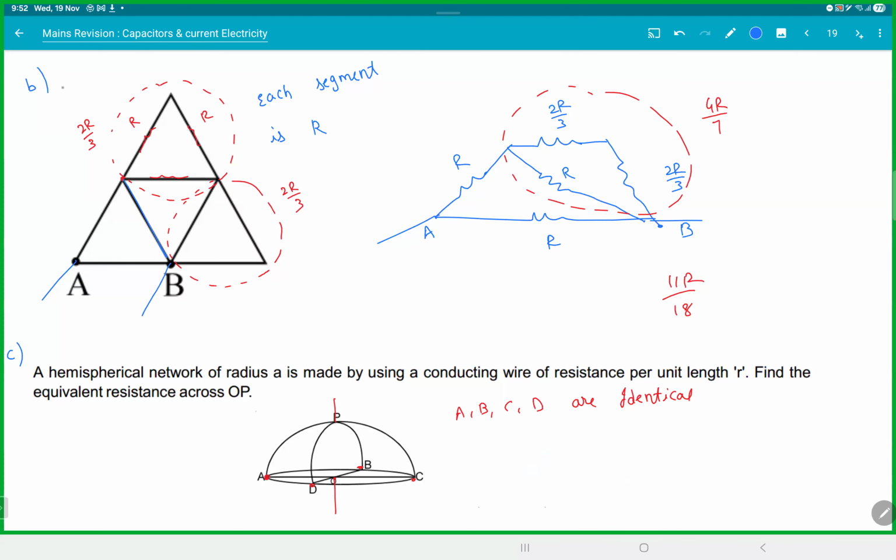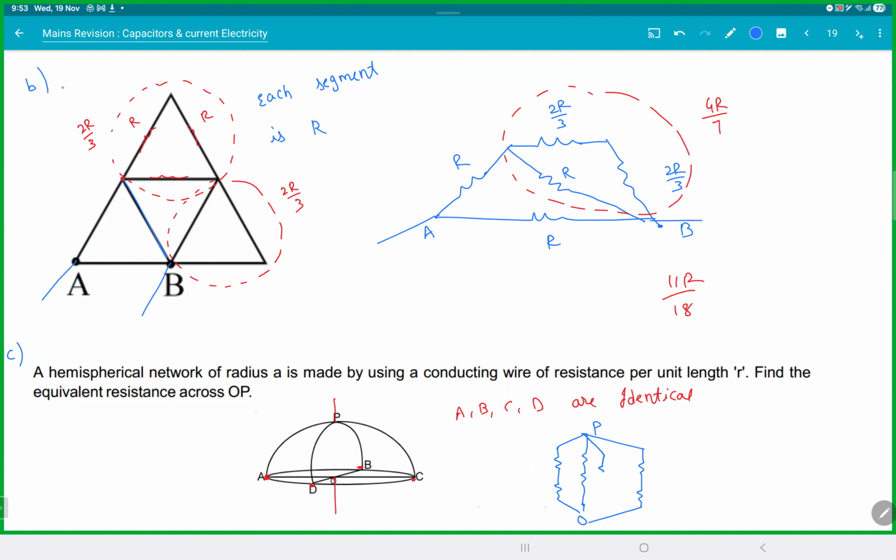Meaning it will look like this. You can just remove that. So I'll keep it simple here. This is O. This is P. So you can basically make one resistor here, one resistor here like this.